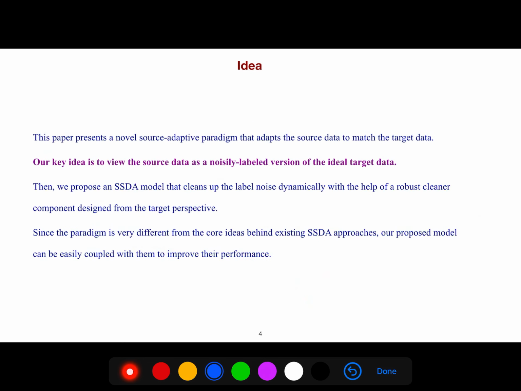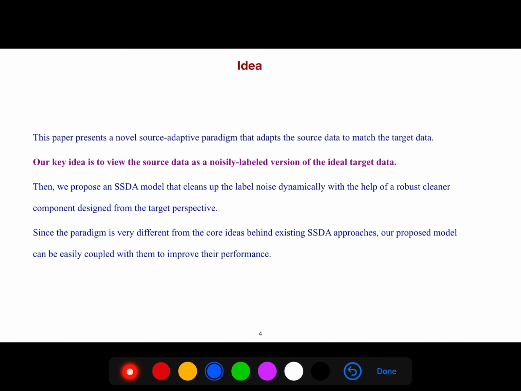So this paper presents a novel source adaptive paradigm that adapts the source data to match the target data. Our key idea is to view the source data as a noisily labeled version of the ideal target data.